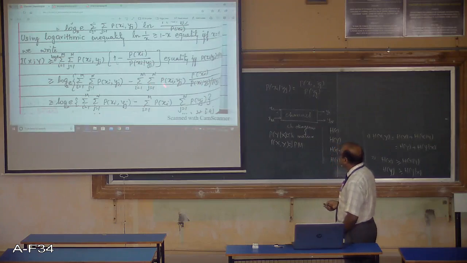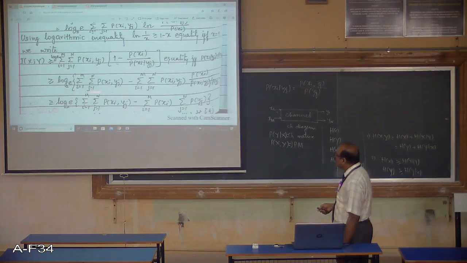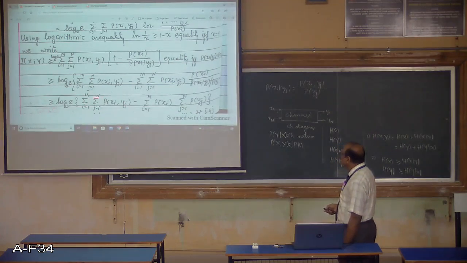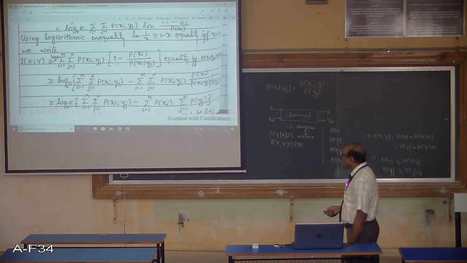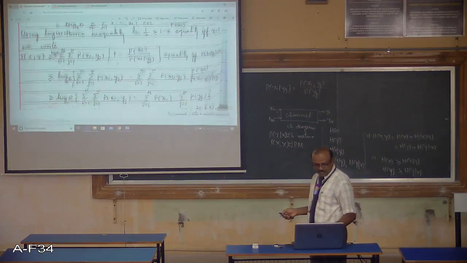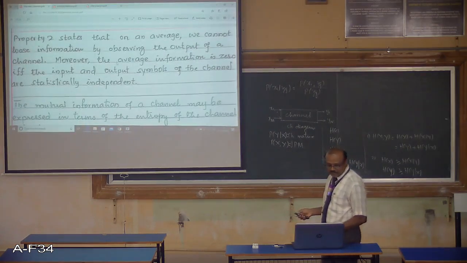And if you look at this, we arrive at only the probability of input symbols and probability of output symbols. The sum of input symbol probabilities and the sum of output symbol probabilities are always equal to 1. The sum of all the elements of the JPM is also 1. So 1 minus 1 becomes 0. So I of XY is always greater than or equal to 0.